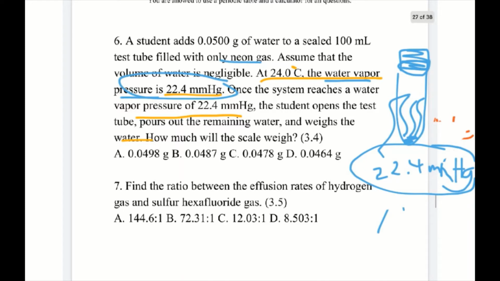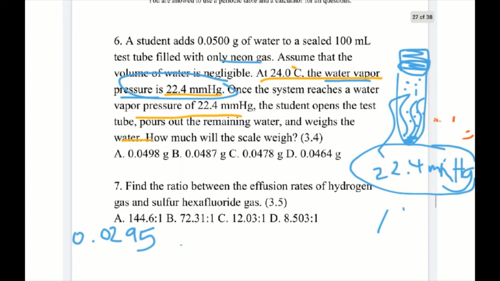So let's find out how much water vapor is needed in the air in order to make it 22.4 mmHg. So 22.4 millimeters of mercury is 22.4 divided by 760. It's a pressure of 0.0295 atm.